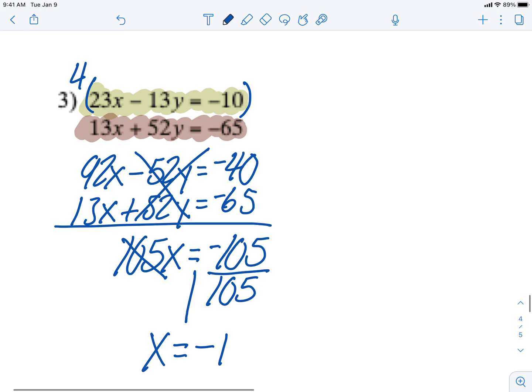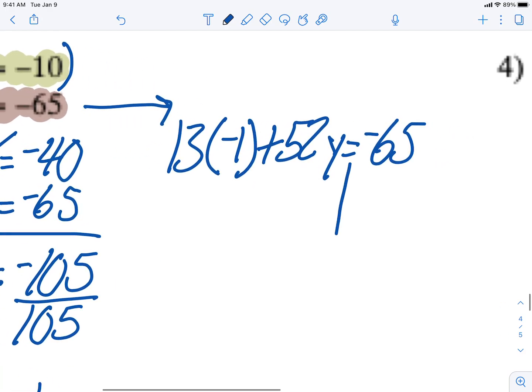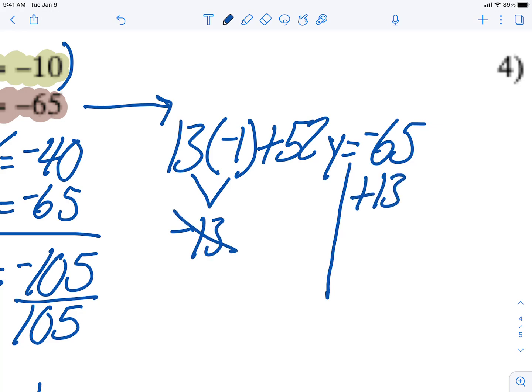Right? I'm going to copy over the brown here. So I'm going to say 13 parentheses negative 1 plus 52y is equal to negative 65. Right? 13 times negative 1 is negative 13, which immediately is going to go over as plus 13.